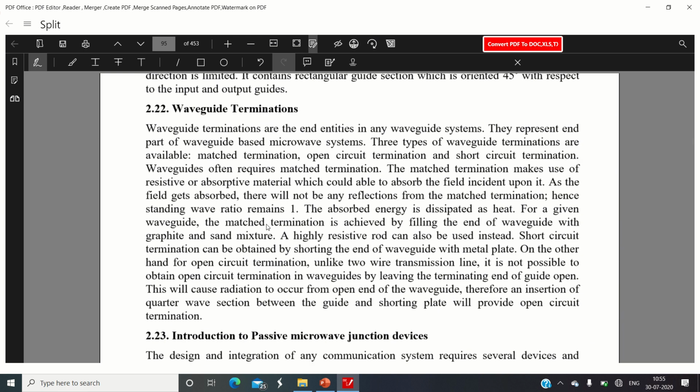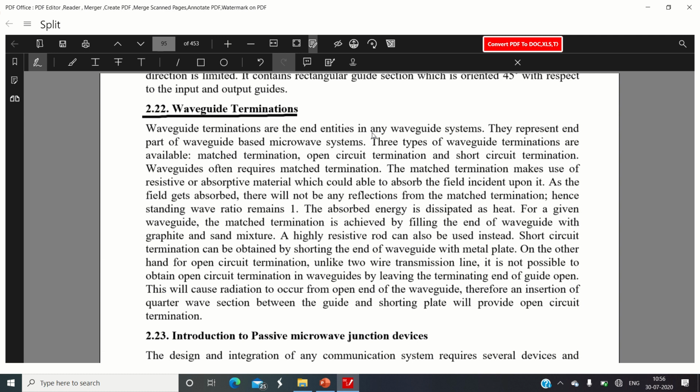Finally, we are going to discuss the different types of terminations. Normally the terminations are of three types: matched termination, open circuit termination, and short circuit termination. Waveguide terminations are also called end entities in the waveguide system. The terminations are required to be placed at the end of that particular circuit.